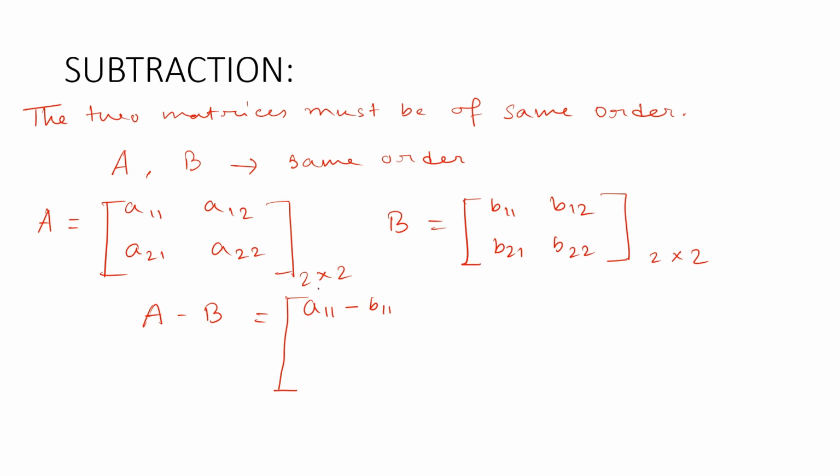Like this, we have to perform the element-wise subtraction for each of the elements of A and B. Similarly, here it will be A12 minus B12. Here it is A21 minus B21. Here it will be A22 minus B22. So this is how we have to perform the subtraction on two matrices.